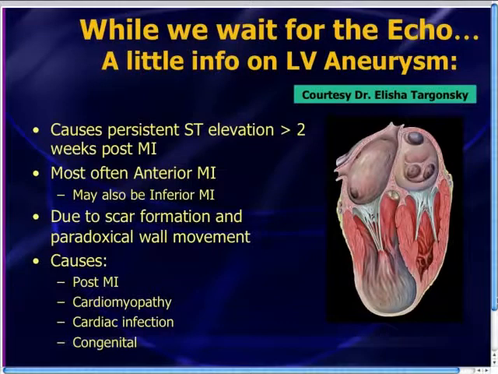So first of all, generally speaking, the aneurysm is going to form a couple of weeks after the MI. Usually it's in the anterior leads. Rarely you may see an inferior wall aneurysm. Almost always, in all the examples I've shown you, these are anterior wall aneurysms. It's due to scar formation.